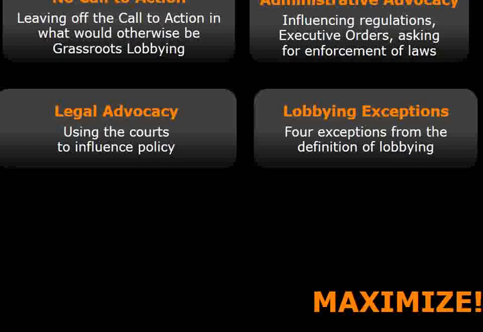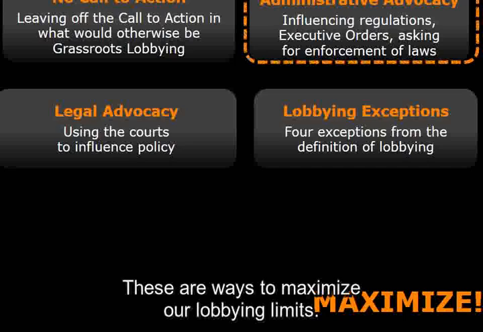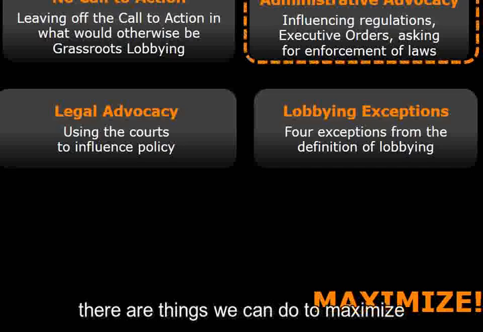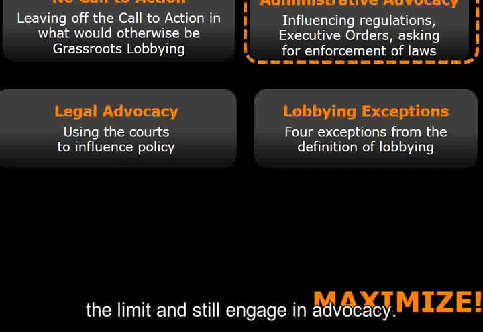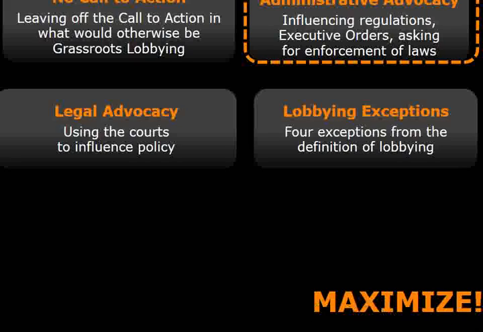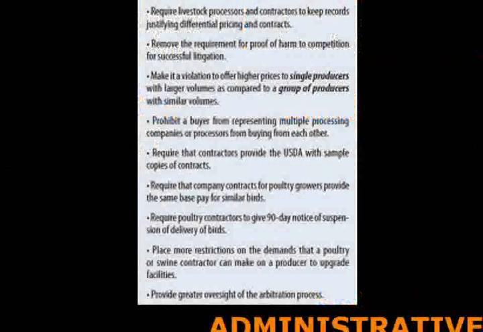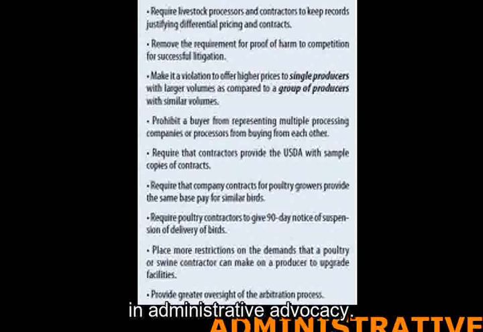So these are, again, ways to maximize our lobbying limit. Even though we're limited, there are things we can do to maximize the limit and still engage in advocacy. One of these ways is to engage in administrative advocacy.